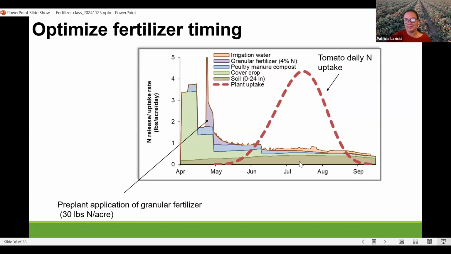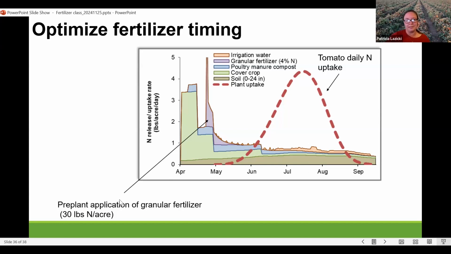And so kind of the moral of the story here is the more that you're able to get your nitrogen mineralization from the soil organic matter, the more it's naturally going to be matching the pattern of uptake. And the more efficient it's going to be.